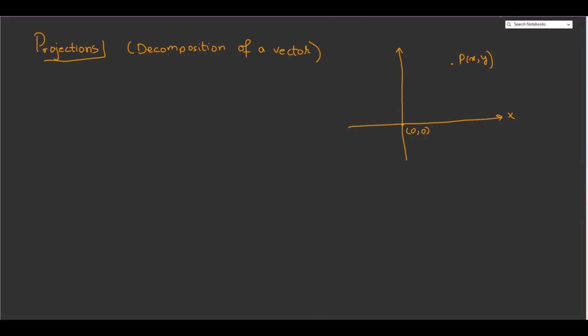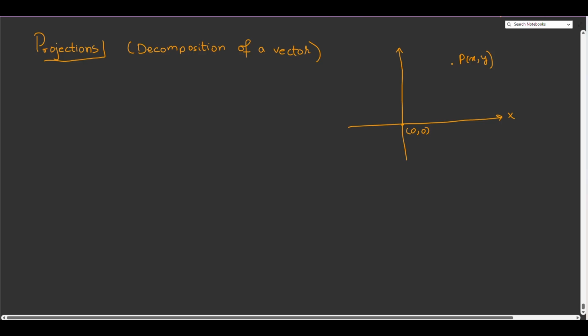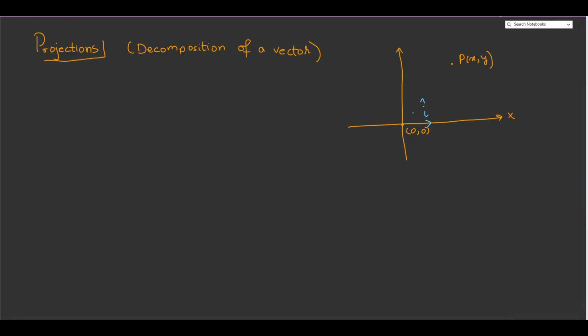Our main goal is to reach this point P by moving along the directions i and j. We know that the unit vector along the x-axis is i, and the unit vector along the y-axis is denoted by j. So how can we do this?